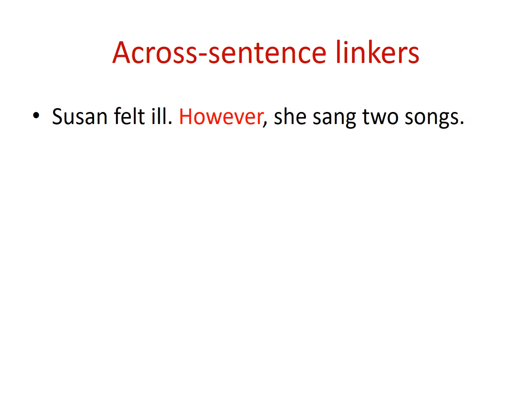There are other words which are used to join ideas together. For example, in this sentence, Susan felt ill. However, she sang 2 songs. Here the sentences stay separate. However comes in the second sentence, but there is a meaning link across to the first sentence, which is why we call such linkers across-sentence linkers.